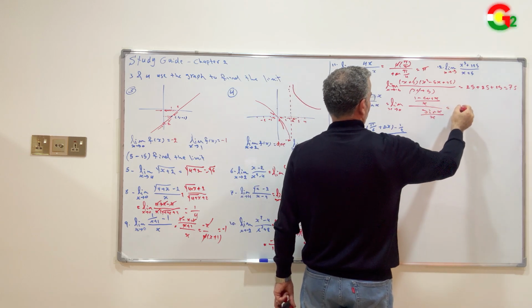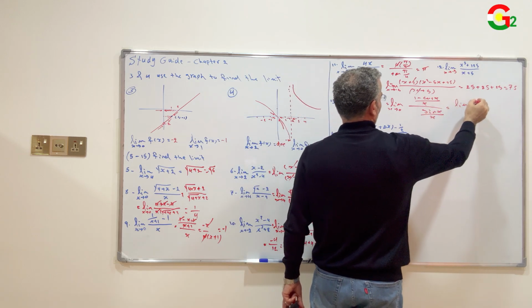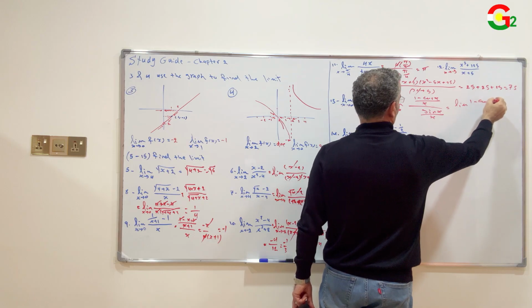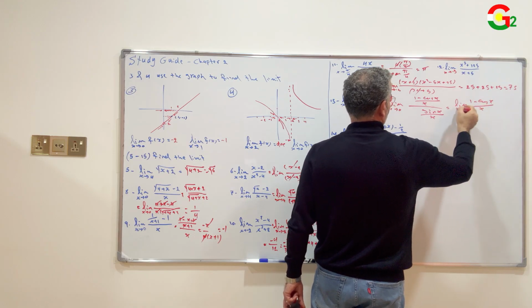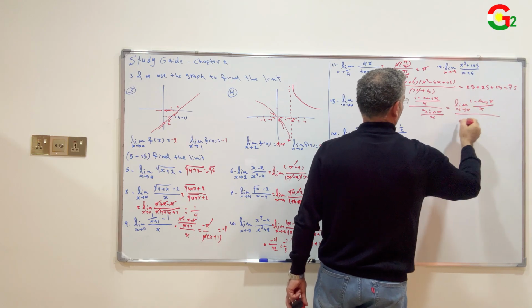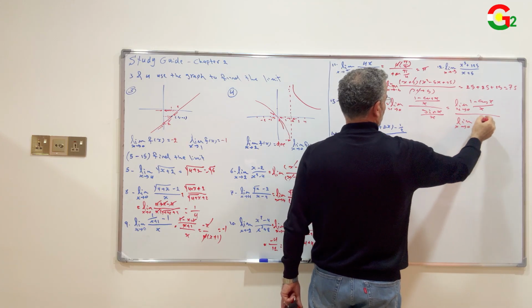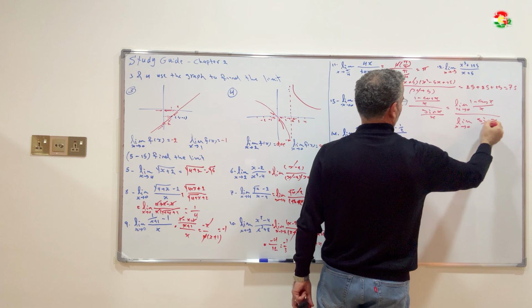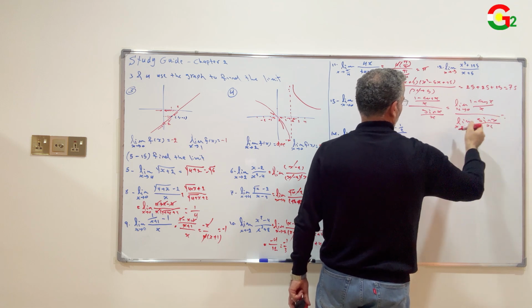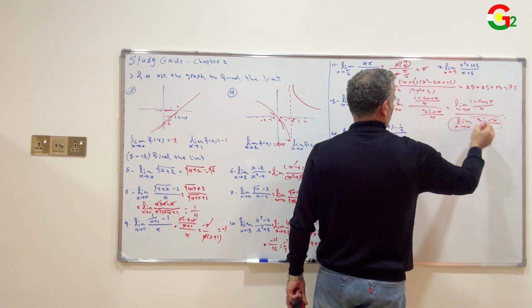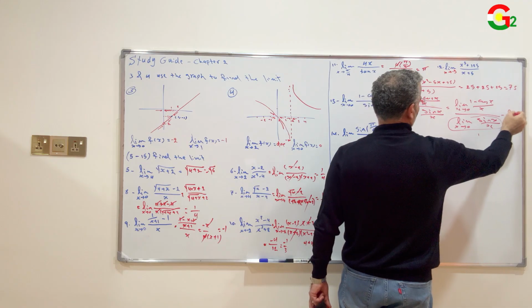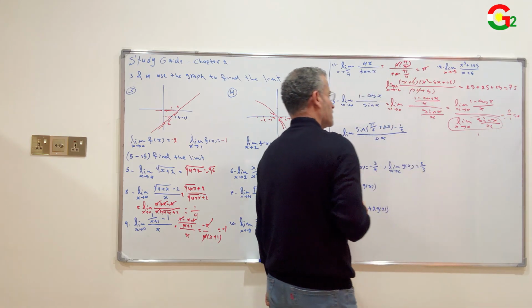Then we have the limit of (1 minus cosine x) over x as x approaches 0, over the limit of sine x over x as x approaches 0. Using the rule of limits, this limit is 1 and the other limit is 0, so 0 over 1 equals 0.